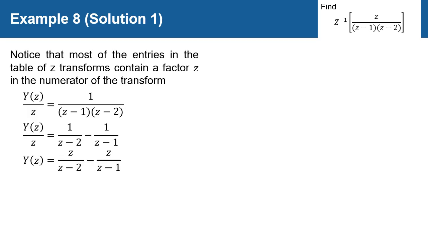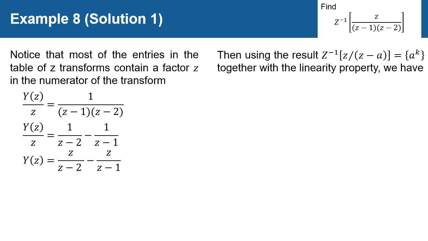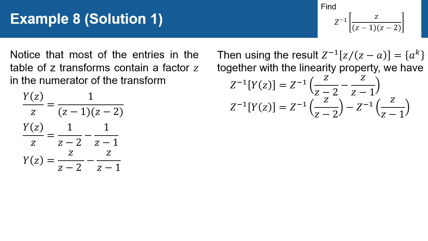And then solving for Y(Z), that is now equal to Z over Z minus 2 minus Z over Z minus 1. Then using the result that the inverse Z transform of Z over Z minus A is equal to A raised to K, together with the linearity property, we now have the inverse Z transform of Z over Z minus 2 minus Z over Z minus 1, and that is equal to the inverse Z transform of Z over Z minus 2 minus the inverse Z transform of Z over Z minus 1.